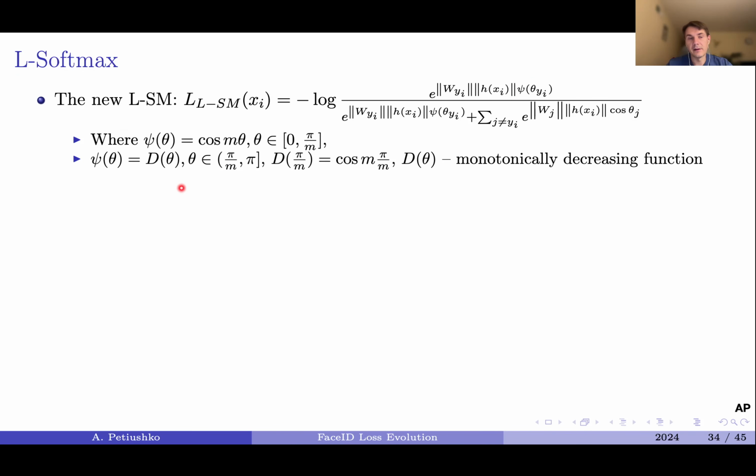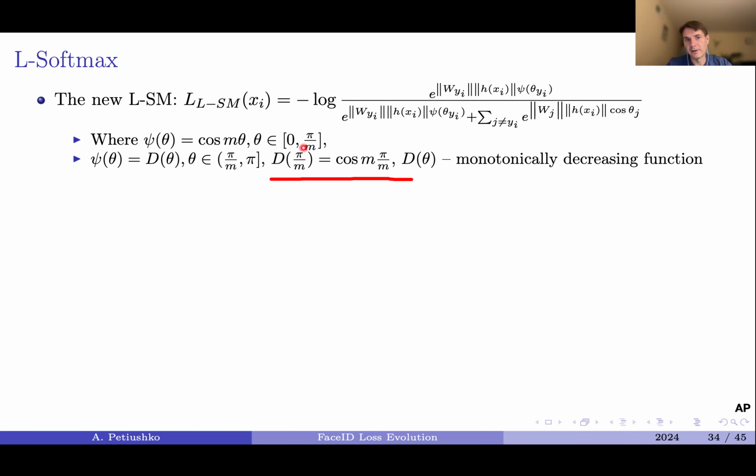And outside of this region, when theta is in the left-open interval from pi over m to pi, it is equal to some function D of theta, with this constraint for psi to be continuous.